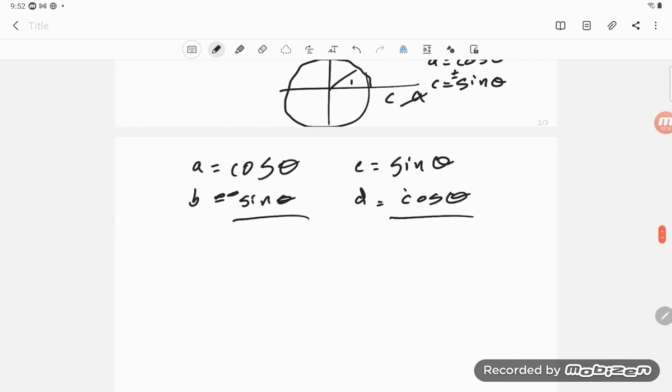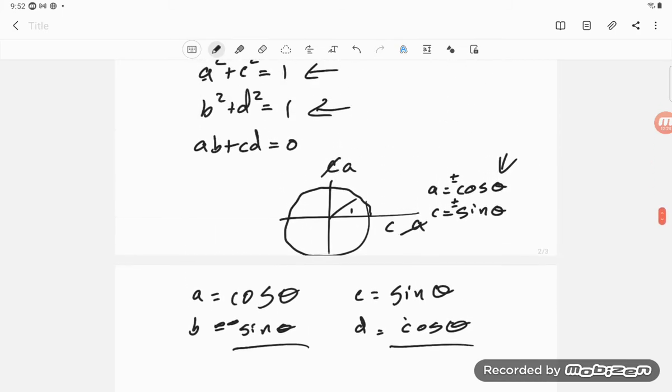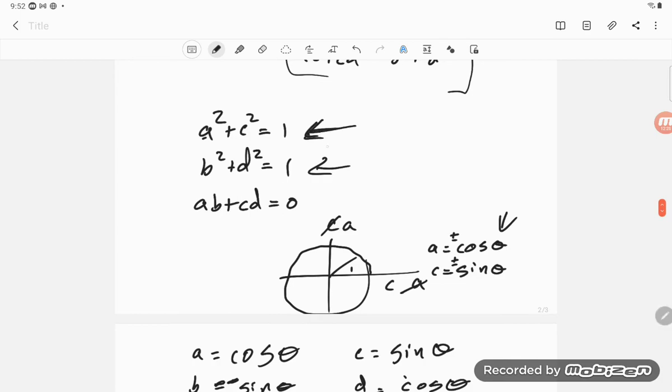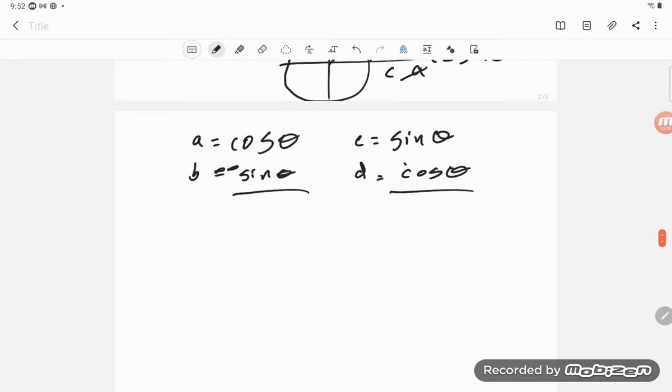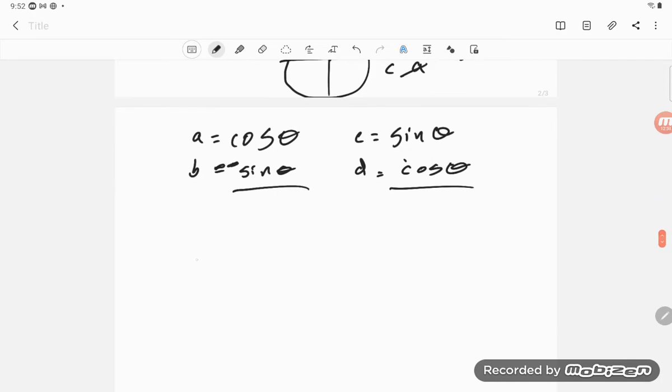Okay, so if we do that, then we do in fact get the ones here and the zeros on the diagonal from that. So at this point, we have the A and B, so we've got cosine theta here, minus sine theta there, that was the B, sine theta here, and cosine theta there.